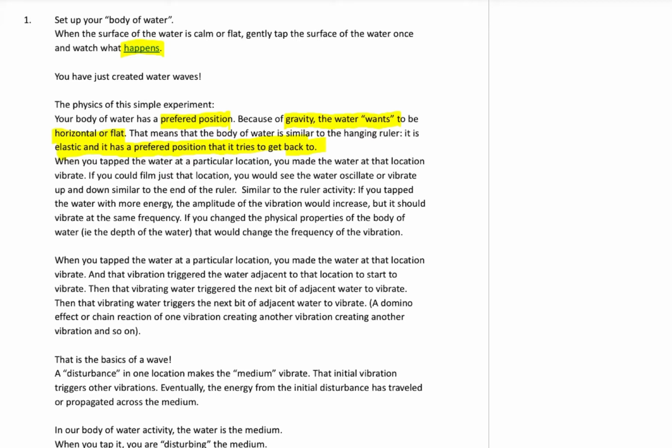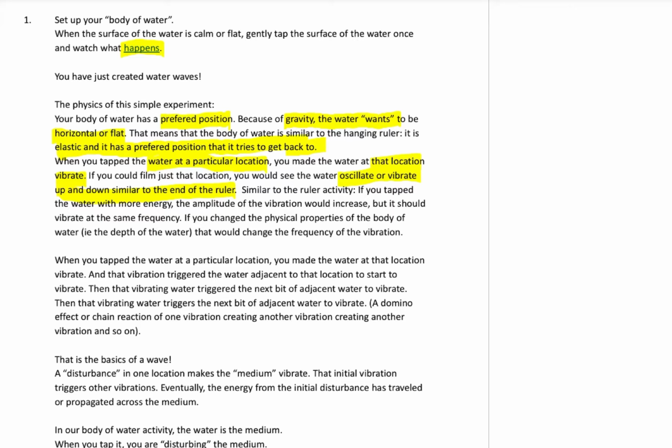When you tap the water at a particular location, so near one end, let's say, you made the water at that location start to vibrate. If we just watched that point where you're tapping it, the water would be wobbling, vibrating up and down, just like the end of the ruler wobbled up and down.